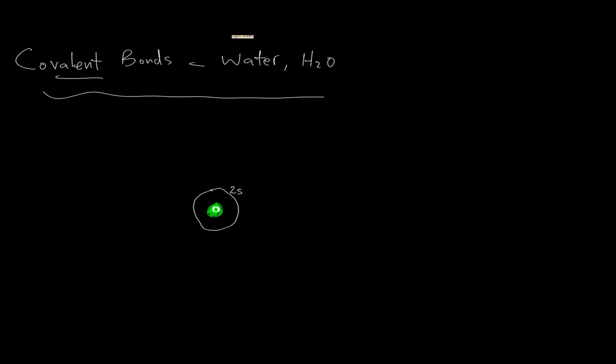We'll give the oxygen light blue electrons. So there's the 2s. To draw another orbit here, this is going to be 2p, of course.